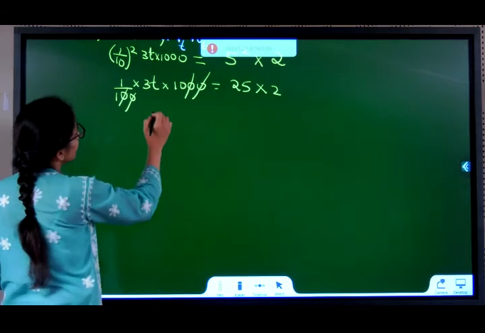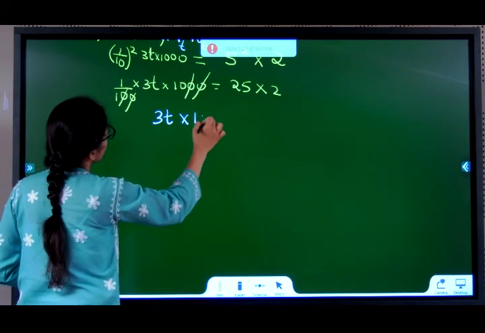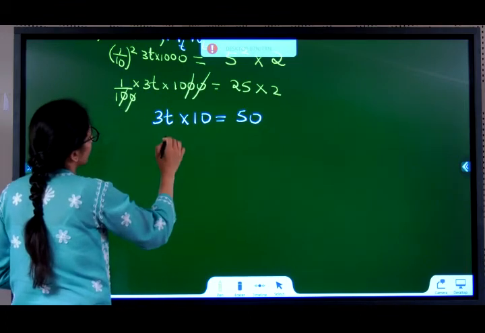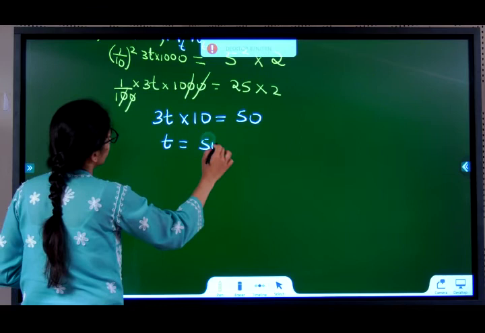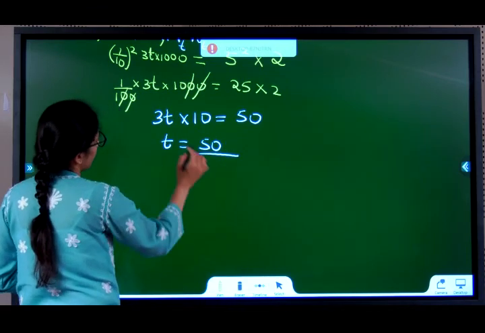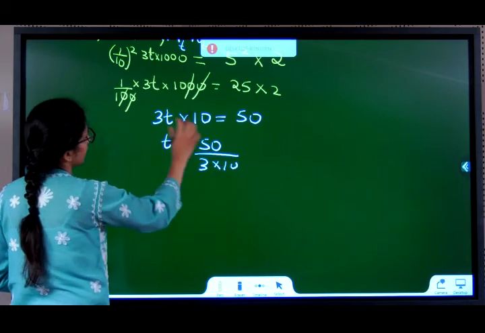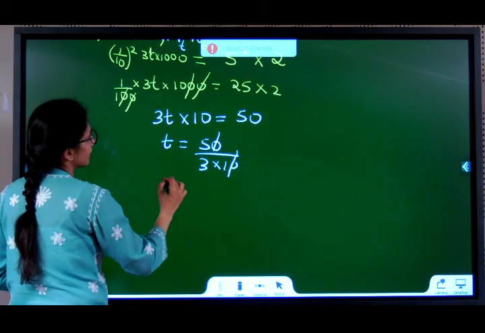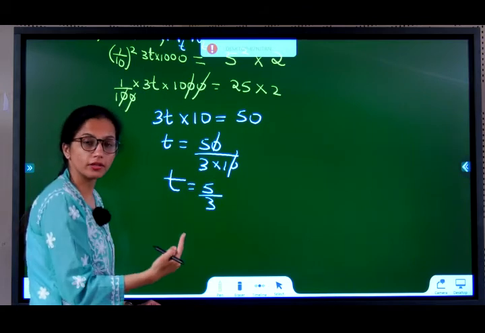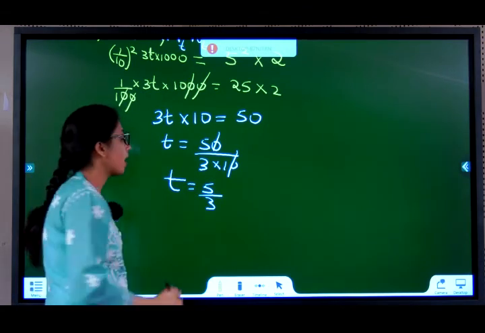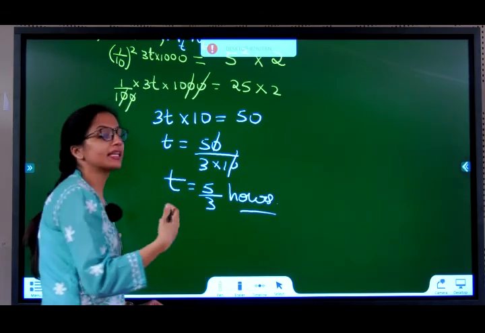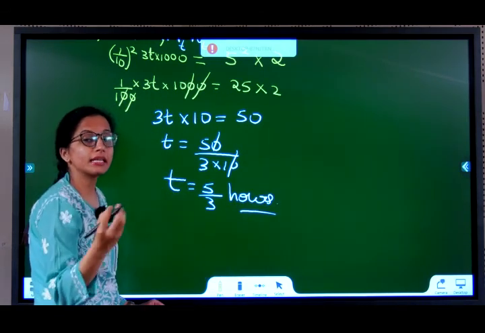So here you get 3t into 10 is equal to 25 into 2, 50. t is equal to 50 by 3 into 10. 3 will go down, 10 will go down. Zeros cancel. t is equal to 5 by 3. 5 by 3 what? Hours. Why hours? Because we told let the time taken be t hours.